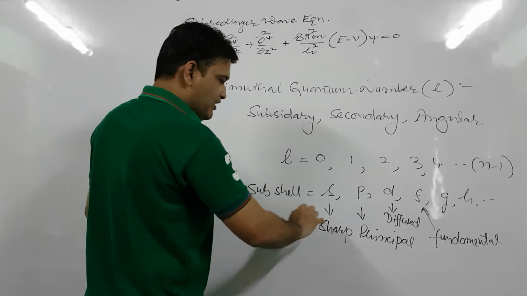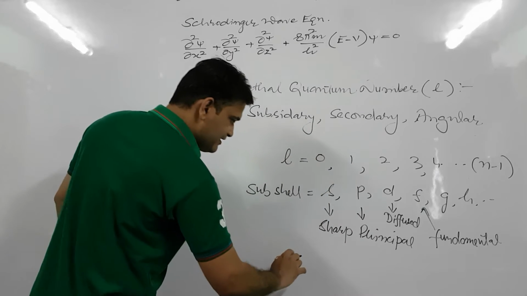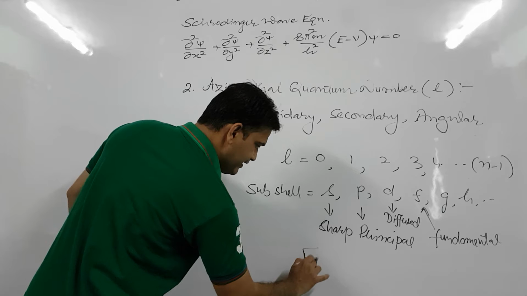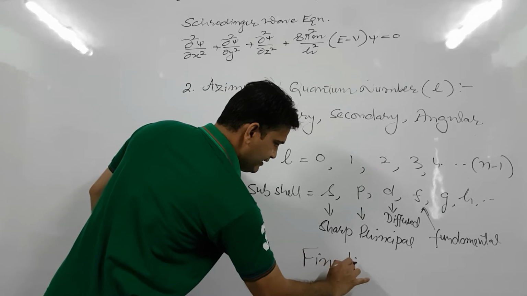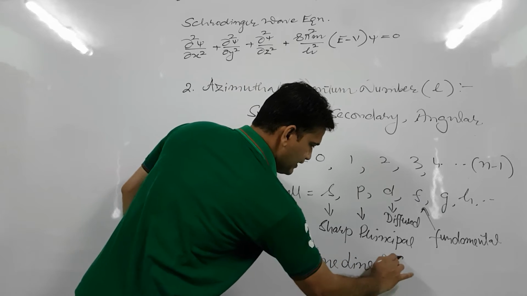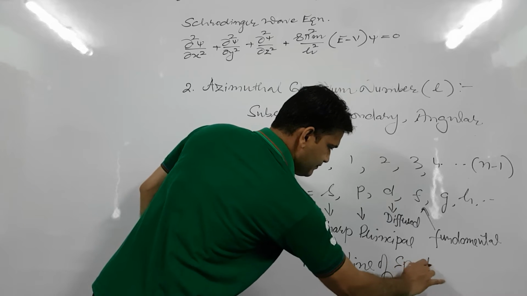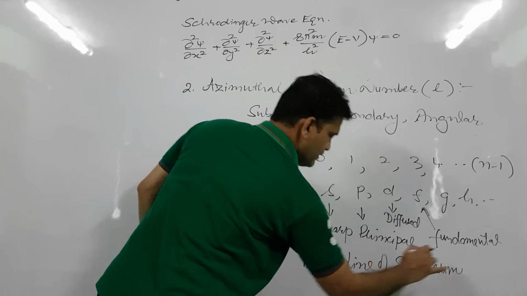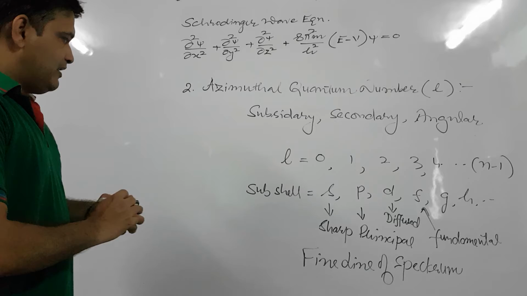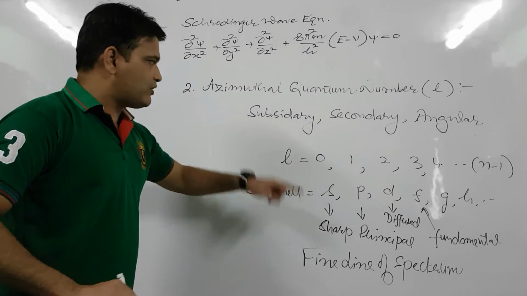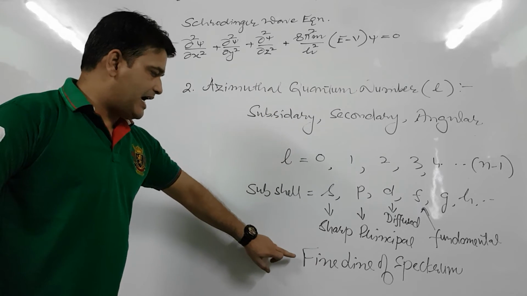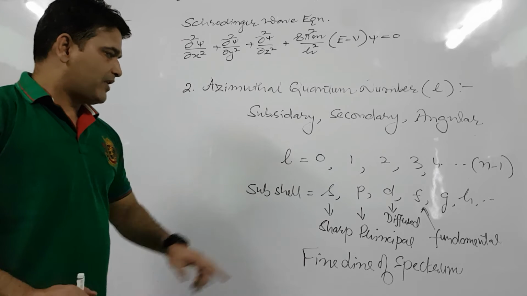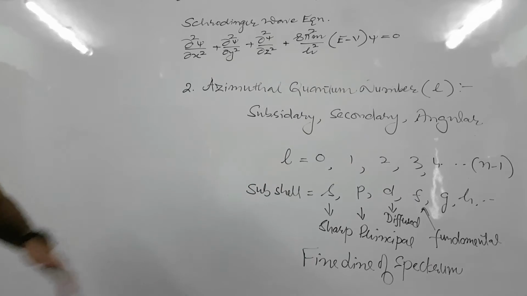And this also explains the fine line of the spectrum. This depends upon principal quantum number, and it tells about the fine line of the spectrum, you can see.